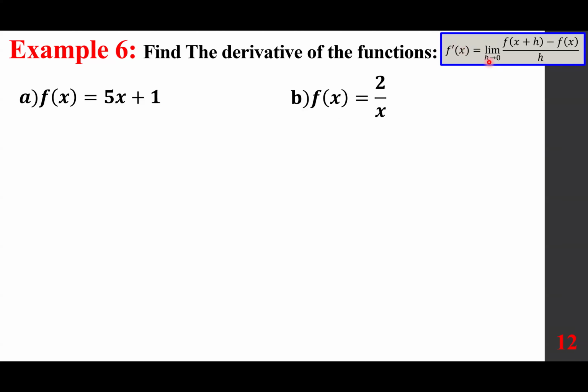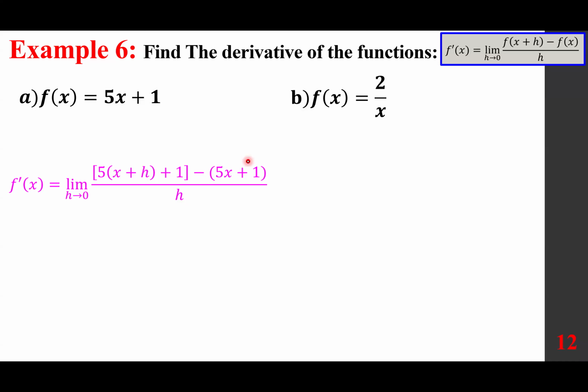The limit as h approaches 0 of fraction bar, the denominator is h. F of x plus h is 5 times x plus h plus 1 minus f of x. So we get 5x plus 5h plus 1 minus 5x minus 1.